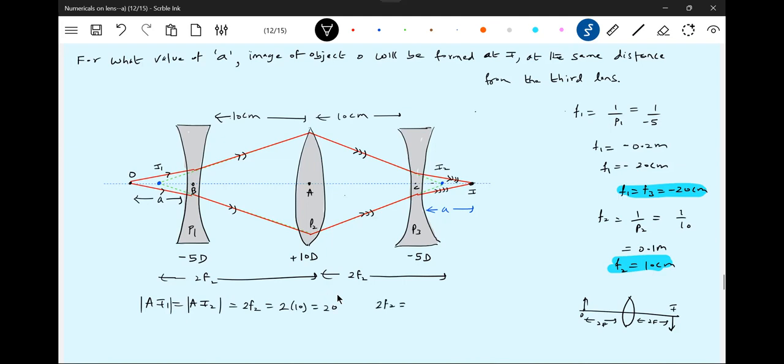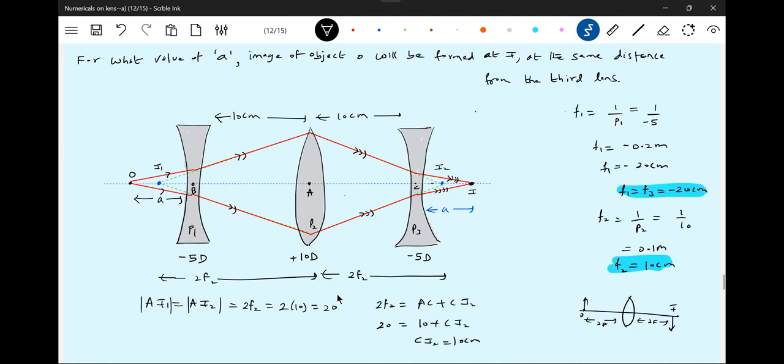Then 2f2 should be equal to AC plus CI2. That is 20. AC is 10. So CI2 will be 10 centimeter.